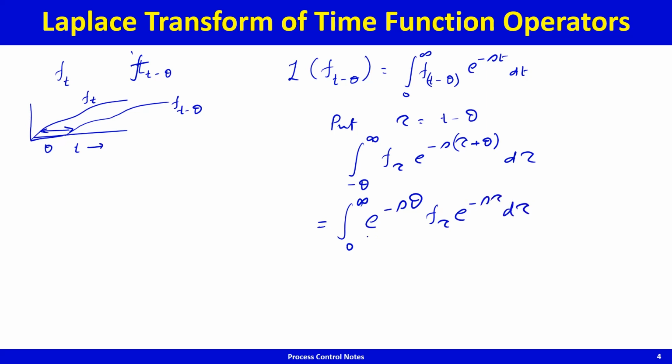With respect to tau, this is a constant, and the integral of this is nothing but the Laplace transform of f. So this is equal to e to the power minus s theta times F of s, the Laplace transform of the function itself.